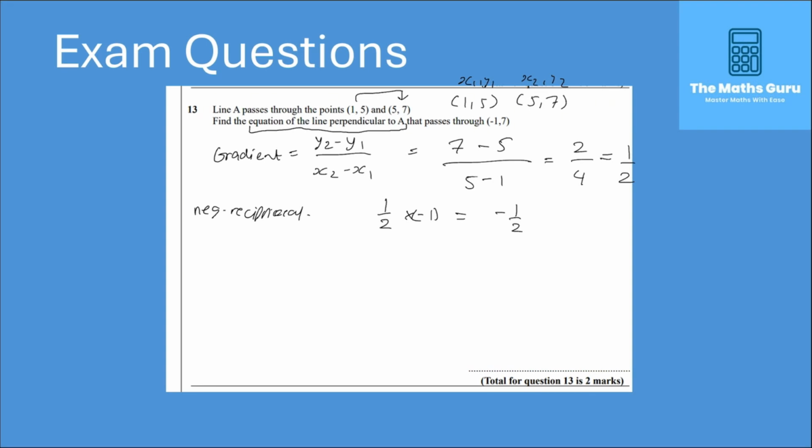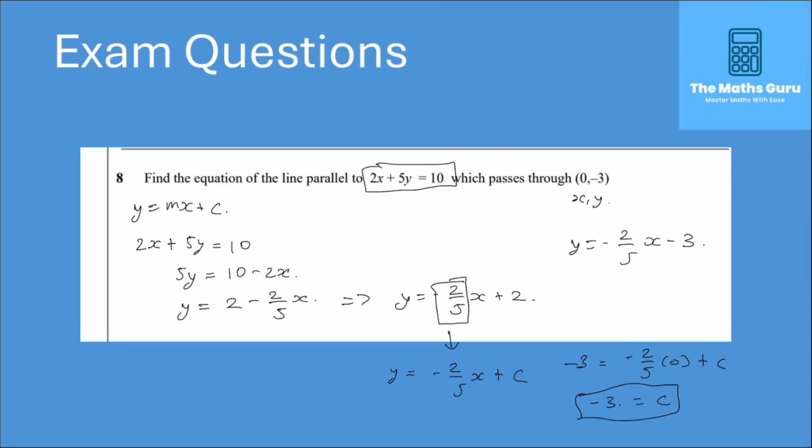So 1 over negative a half is equal to negative 2. And the way this is done is 1 divided by negative a half. We flip this fraction, and we get 1 times negative 2. So our gradient there is negative 2.